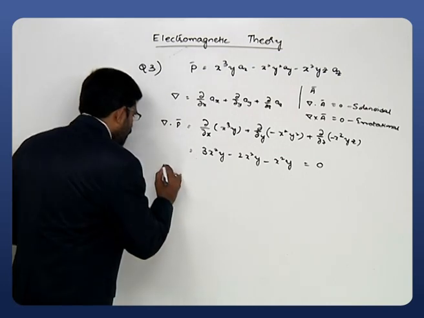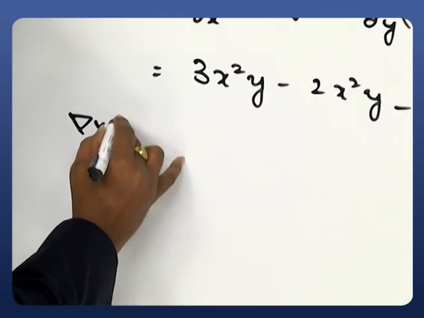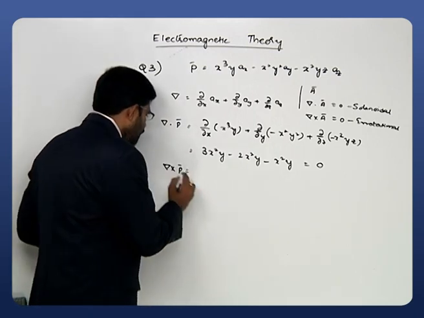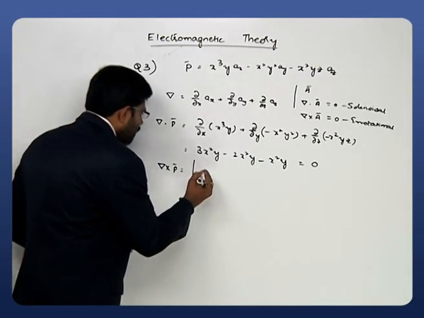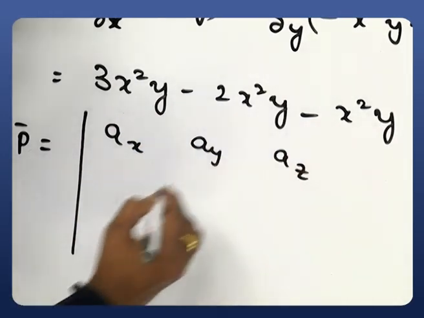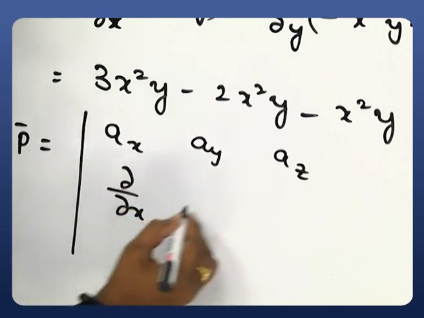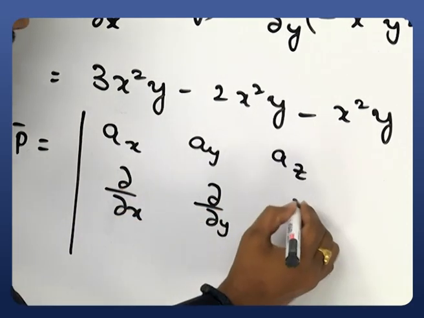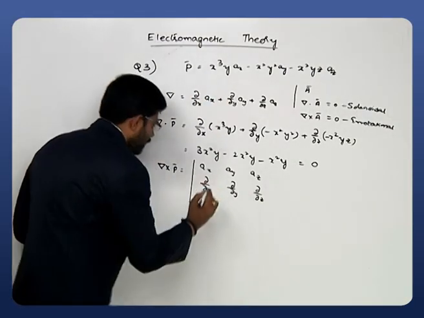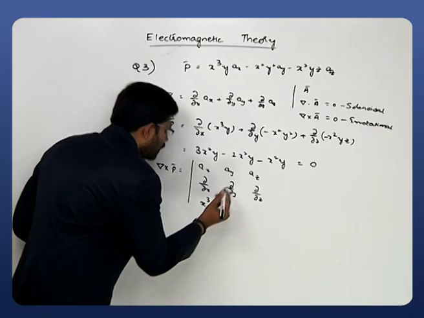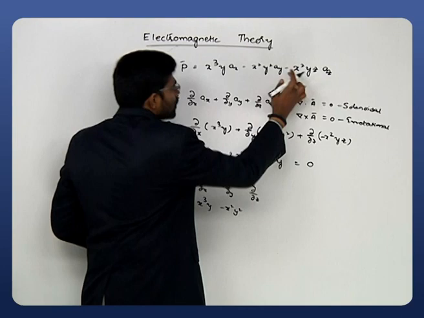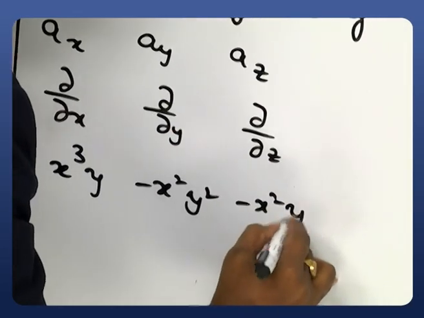Next, go for the second verification, that is del cross P bar, where I am considering this cross product for P bar. So consider the unit vectors in the given coordinate system, ax, ay, az, ∂/∂x, ∂/∂y, ∂/∂z, and the components of our P bar are x cube y, second one is minus x square y square, third one is minus x square yz.